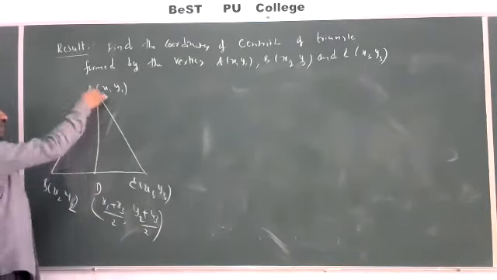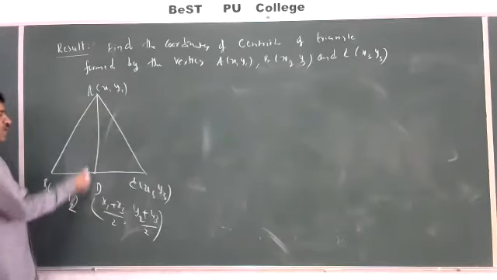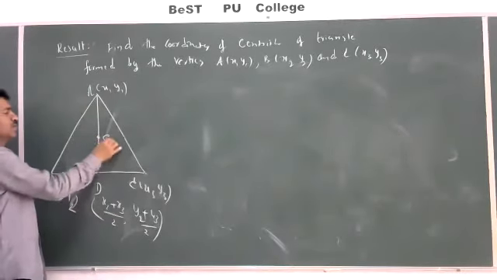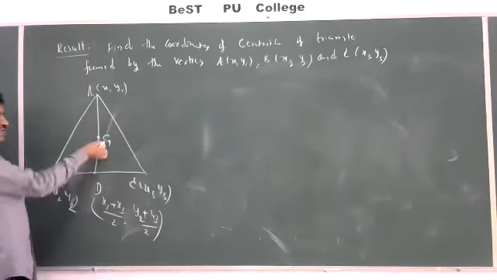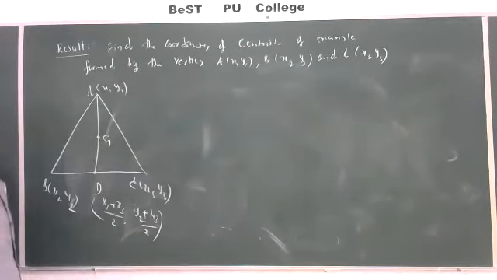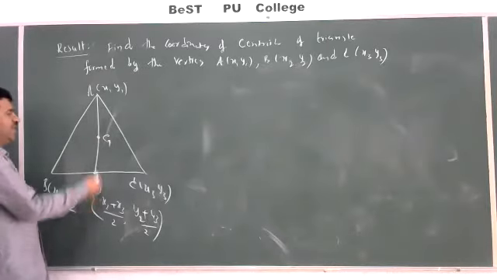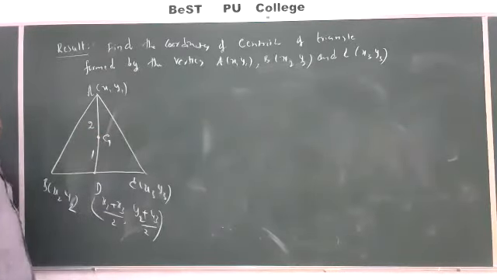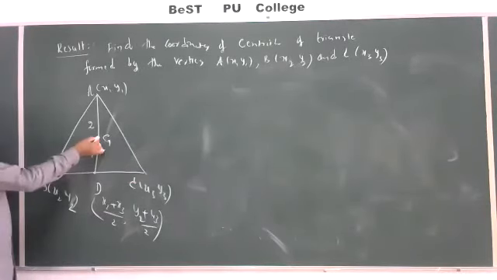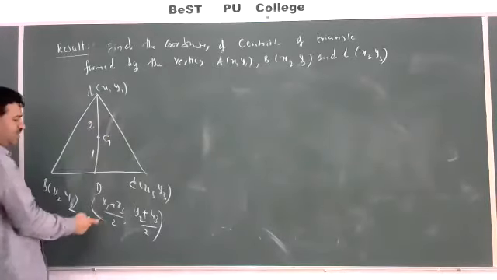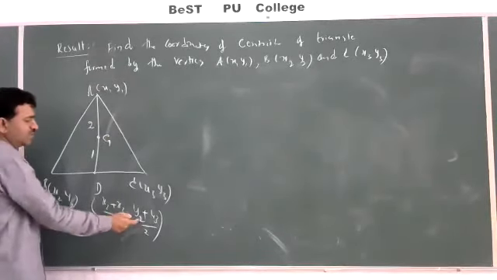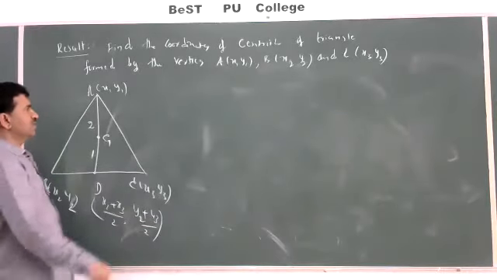I am taking AD as a median. We required G, the point of concurrency of the medians, called centroid. We have to find the coordinates of G. So let G divide AD in the ratio 2:1. We'll find the internal division point G. This is (x1, y1), and this is ((x2 plus x3) by 2, (y2 plus y3) by 2).